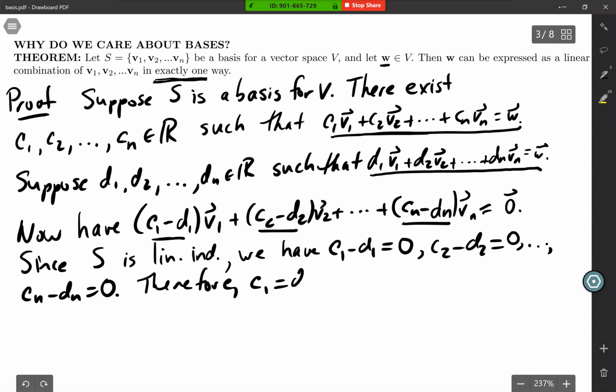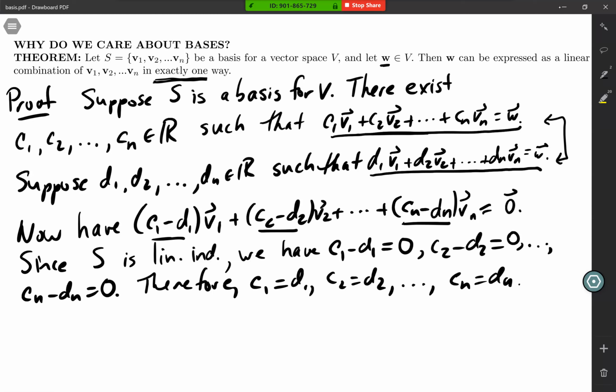So C1 has to equal D1, C2 has to equal D2, and so on down the line. Cn has to equal Dn. So did we really have two different representations here, or did we have the same representation just written with different letters? It's the same representation, right? So that's what we just proved here: we assumed we had two, and really they had to be the same. We didn't have different constants here.